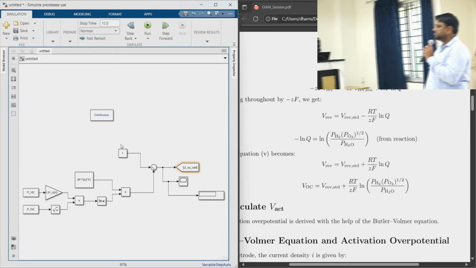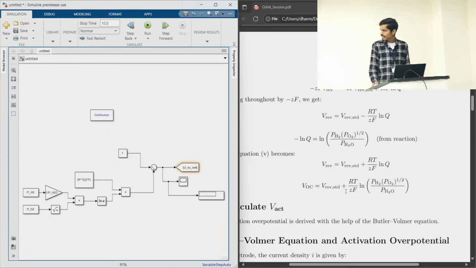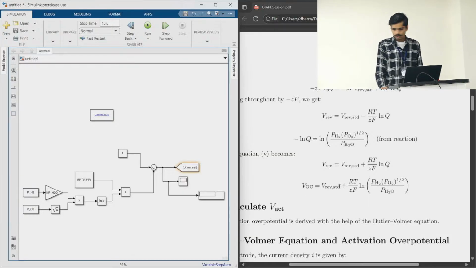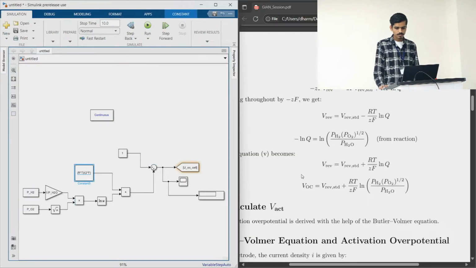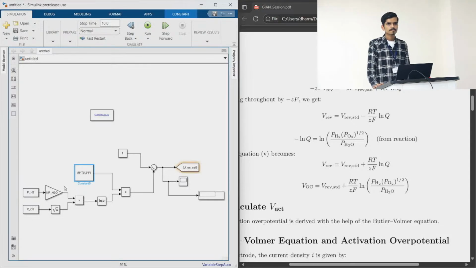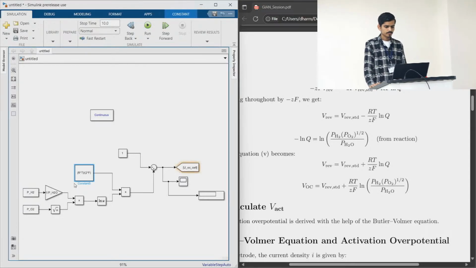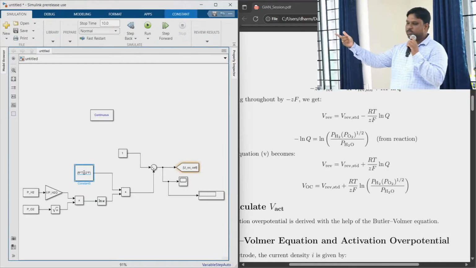So basically this constant block is accounting for the reversible value at standard conditions, and this constant block is for this value RT by ZF. We are using it as a constant because we already defined these values in our .m file, so that's why we are using it as a variable. No worries, we gave these values in that PDF which is shared by you. So first you build these variables, then we will create a .m file, and there you can take the values from your parameter table. Then you run the .m file, then this will be updated.